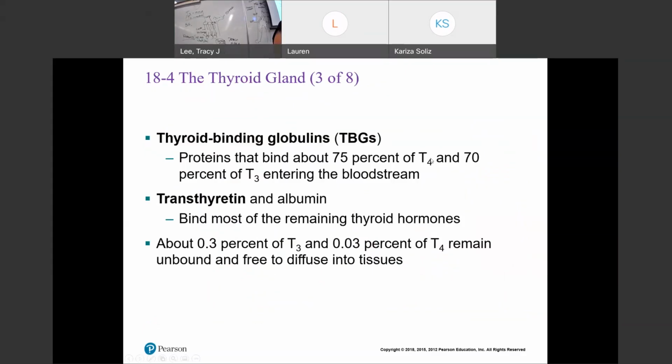We said about 75% of T4 is protein bound, and about 70% of our T3. Albumin is one of the really common blood proteins, and we're going to talk about this with the blood a little bit more. We will talk about what are those proteins in the blood that things bind to.